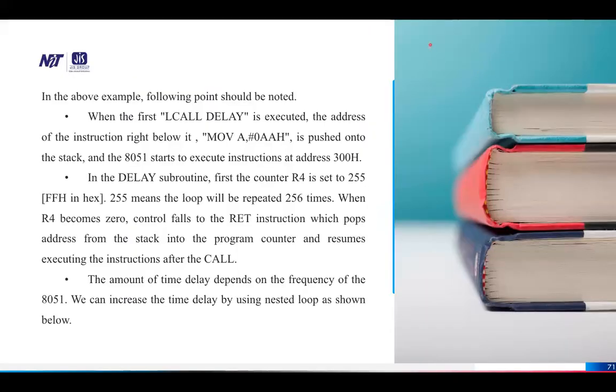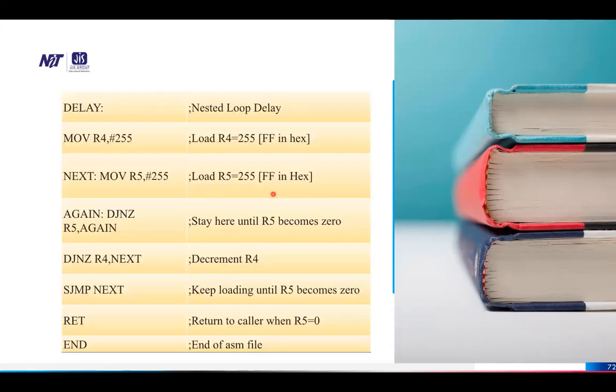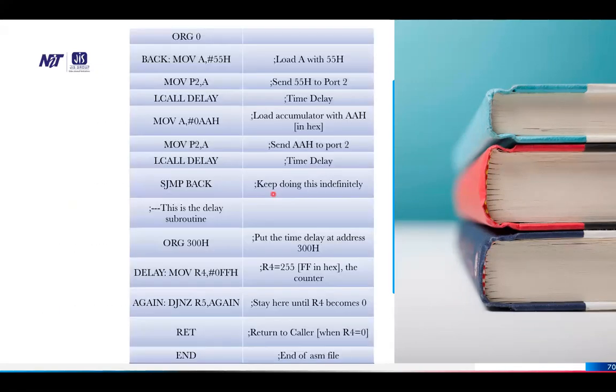MOV A, #55H. So the accumulator will be loaded with 55H.